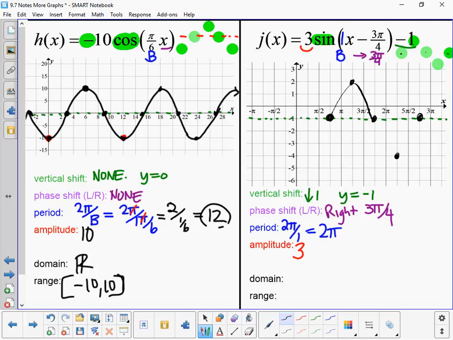So here's one cycle of our function, and we can extend that pattern to fill in our coordinate plane. So here's our function. The domain is all real numbers, and the range is from -4 up to 2.